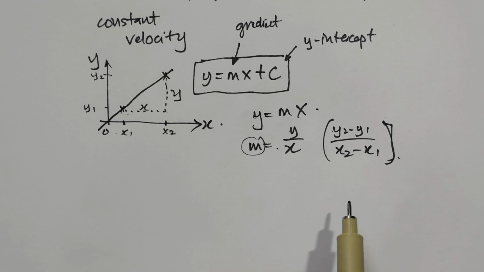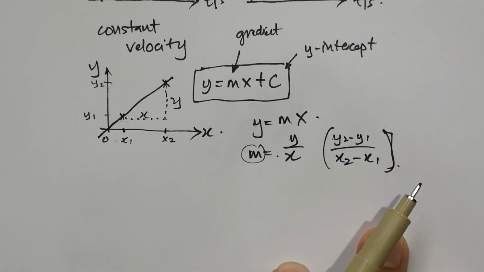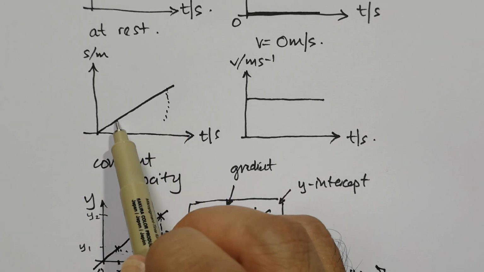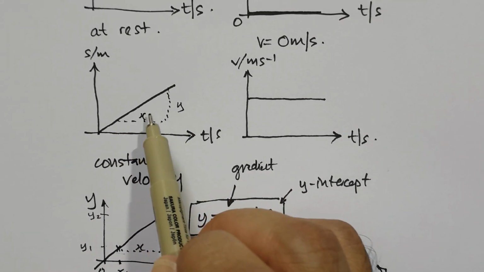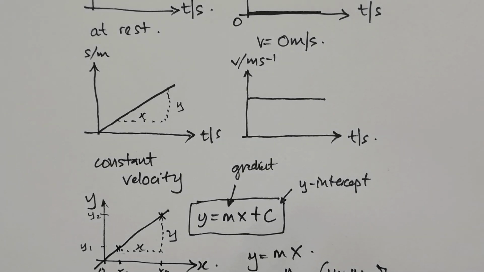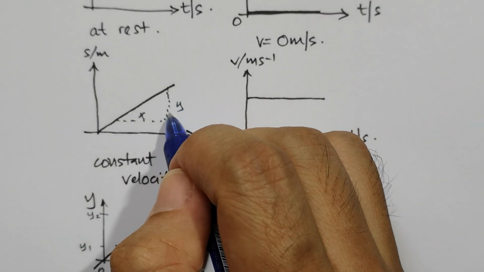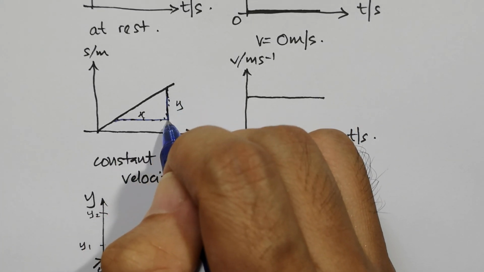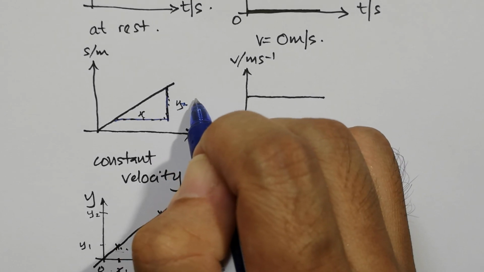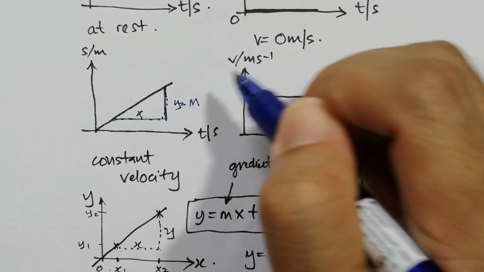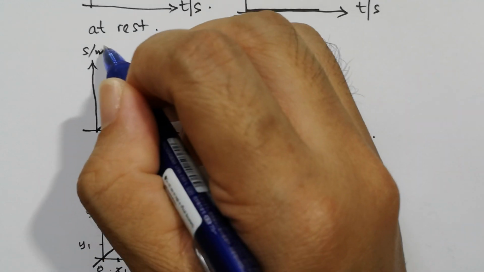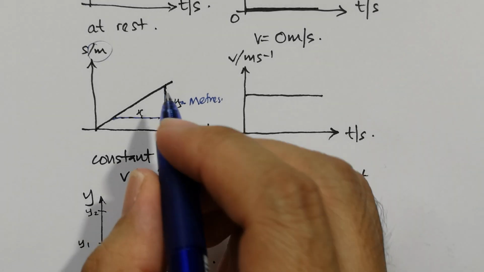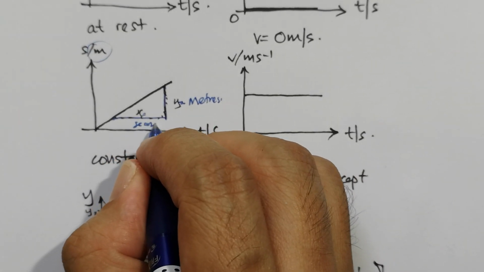So that's the gradient. Now if you were to bring this back up, this gradient is essentially your y over x. I'm going to use a different color now. What is y in this graph? Y is actually the displacement in meters, and this x is your time in seconds.